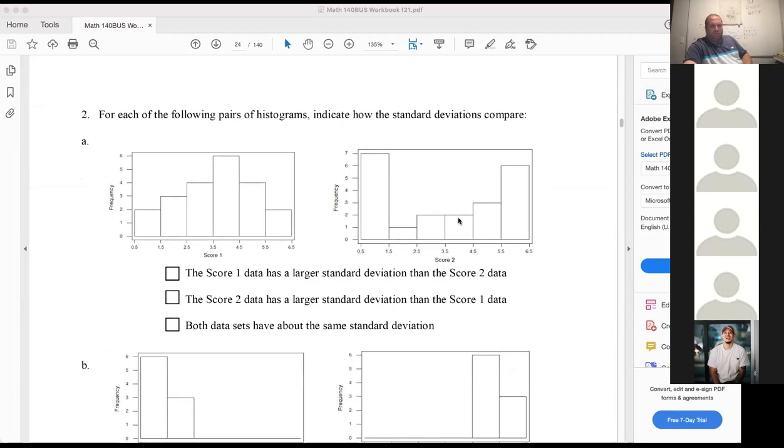Which one of these has the larger standard deviation? Score 1 or score 2? No math required. 2? Why?